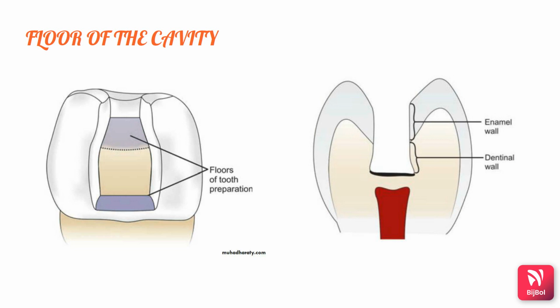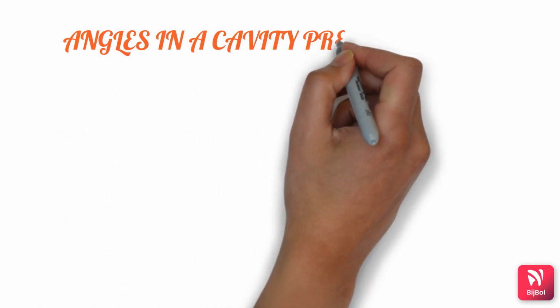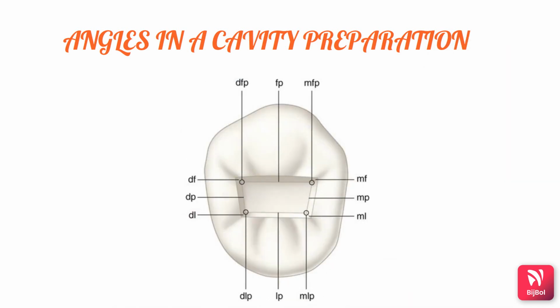Now we'll see what the angles in the cavity preparation are. The term angle refers to the junction of two or more surfaces of the cavity preparation. So there are many angles in the prepared cavity, such as the line as well as the point angle.